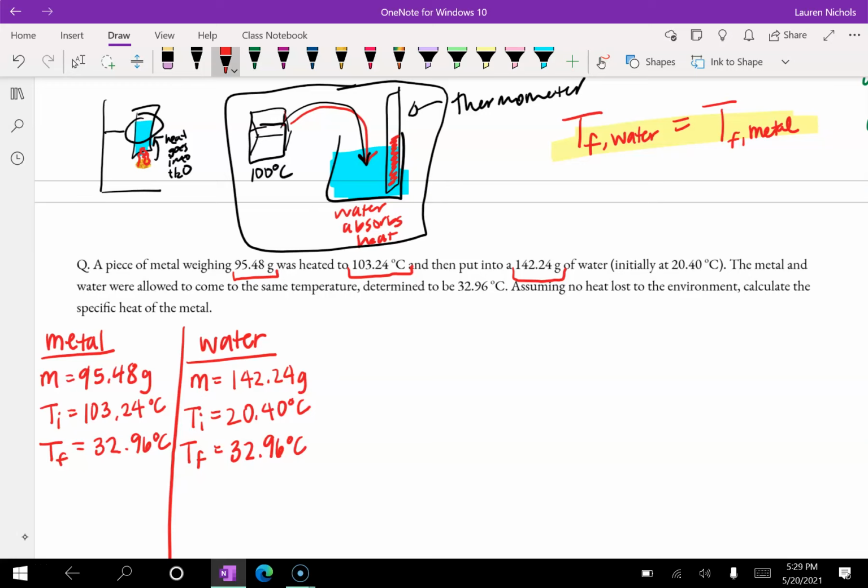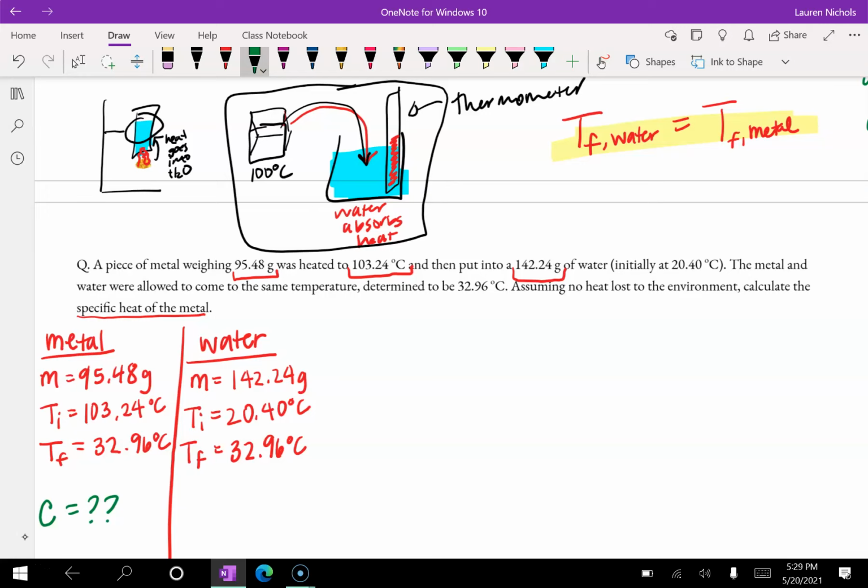And then it says, assuming no heat loss to the environment, calculate the specific heat of the metal. So they want to know, okay, what is C of our metal? Not degrees C, but just C, the specific heat. Now, in order to solve this, they actually did not tell you a really crucial piece of information that you need in order to calculate this.